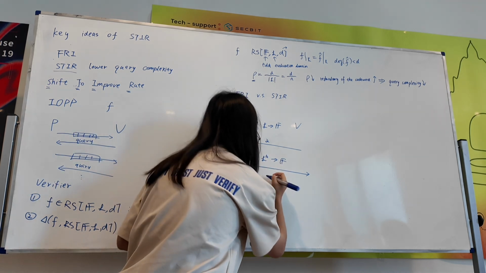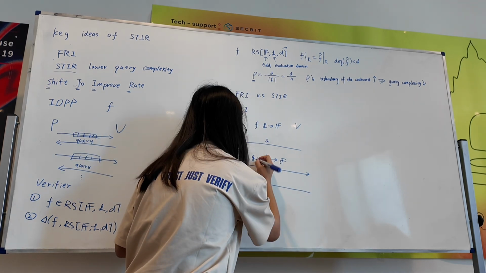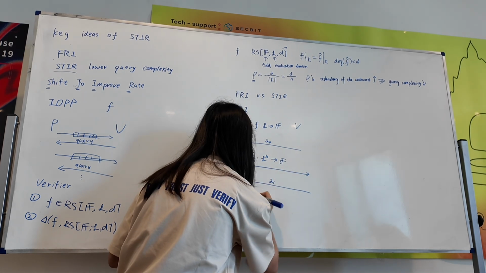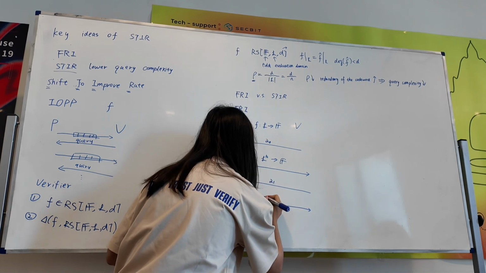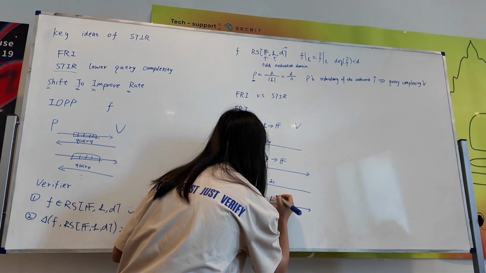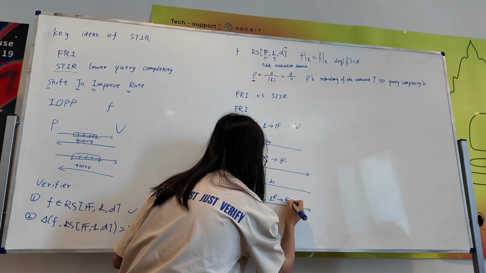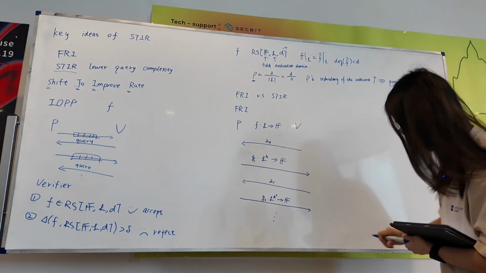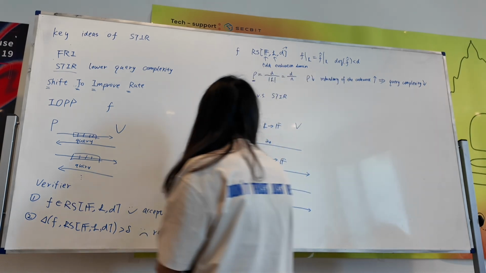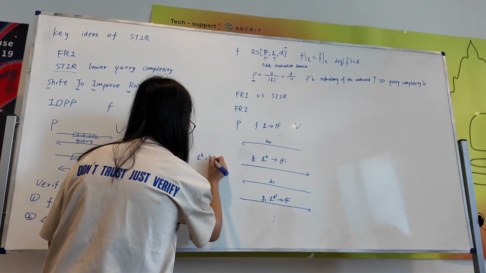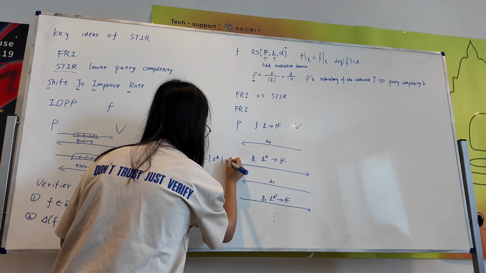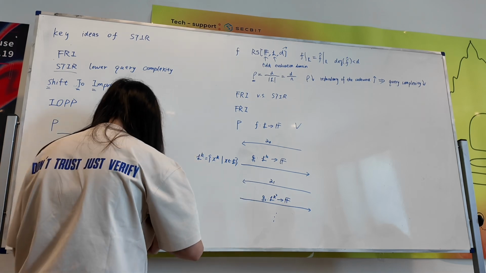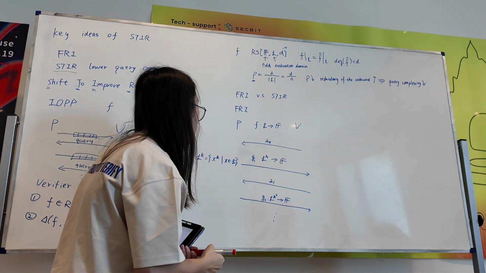With alpha 1, he will set g2, which is Fold_k of g1. Fold_k means x to the k over L. And STIR is different.